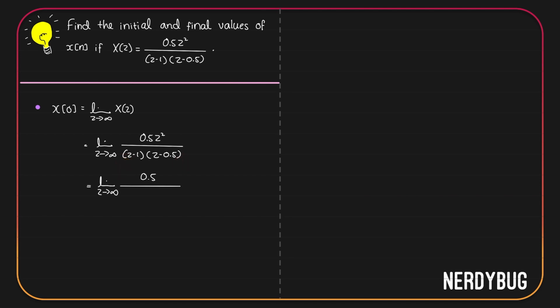So z minus 1 divided by z will give us 1 minus 1 by z, multiplied by z minus 0.5 divided by z, which will give us 1 minus 0.5 divided by z. Here z is taking a very large value. So 1 by z will become 0. 0.5 by z will also become 0. So what we have here is 0.5. X of 0, or the initial value of x of n, is 0.5.